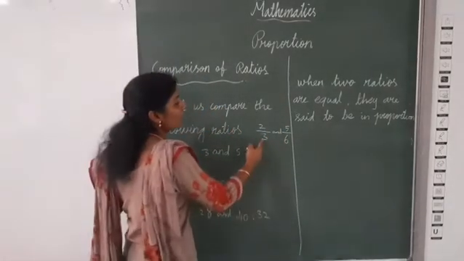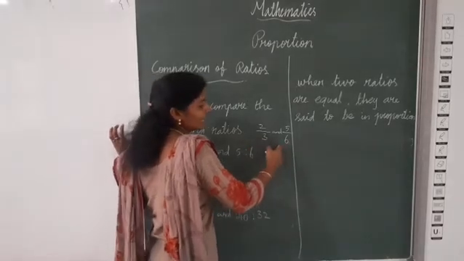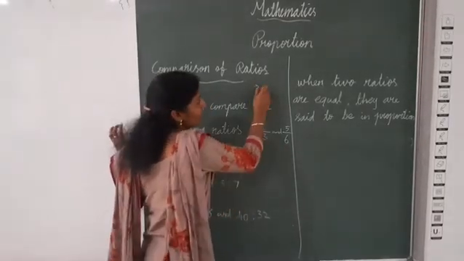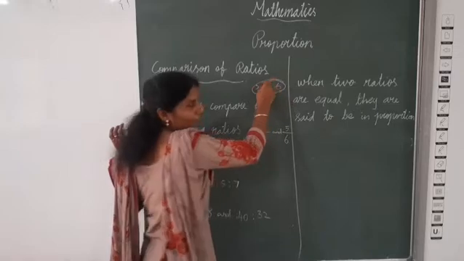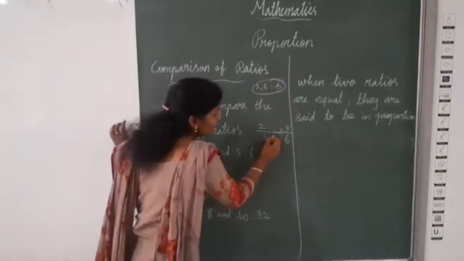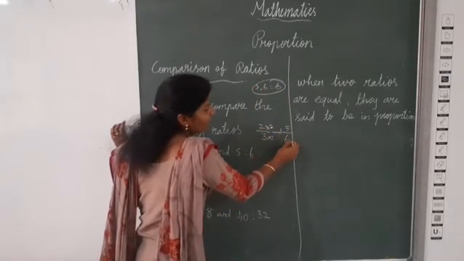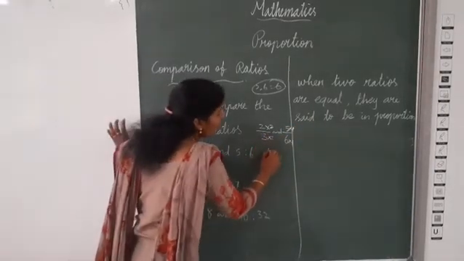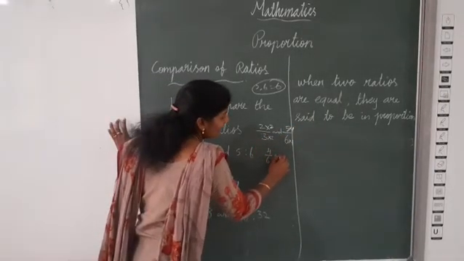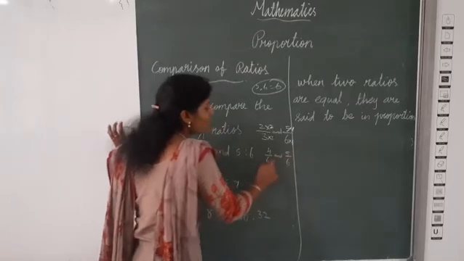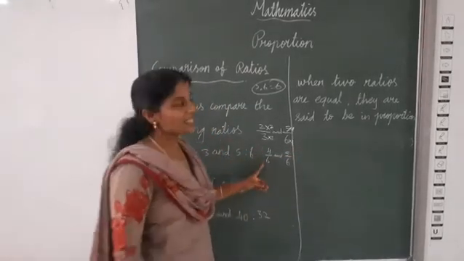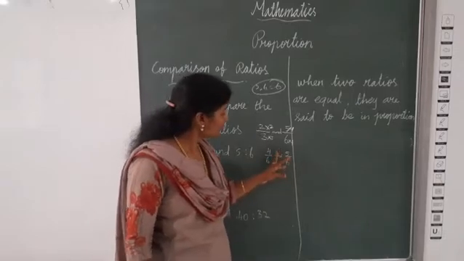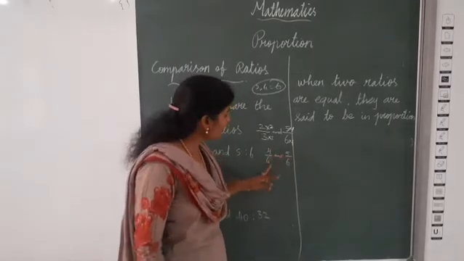Here the denominators 3 and 6 are different. The LCM of 3 and 6 is 6. So we multiply by 2 here, and by 1 here. So we get 4/6 and 5/6.